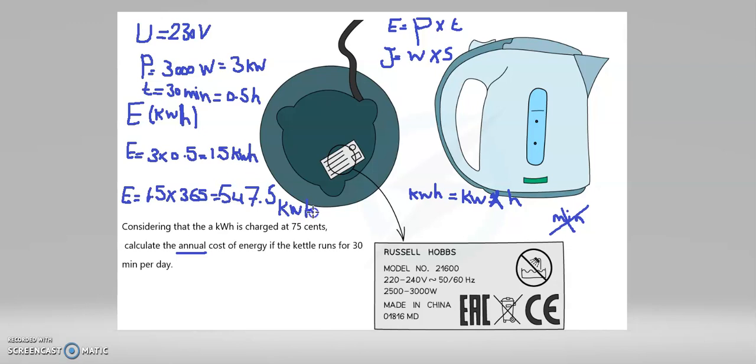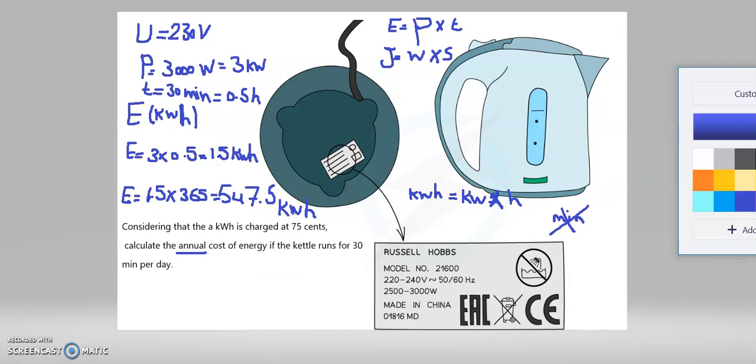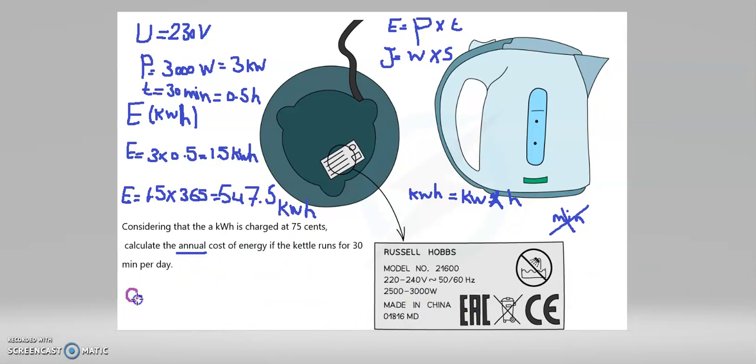So this is the amount of energy that we use in 1 year. Now we are going to calculate energy cost. It says that 1 kilowatt hour is 75 cents. So the cost is the amount of energy that we use multiplied by energy cost, 75 cents.